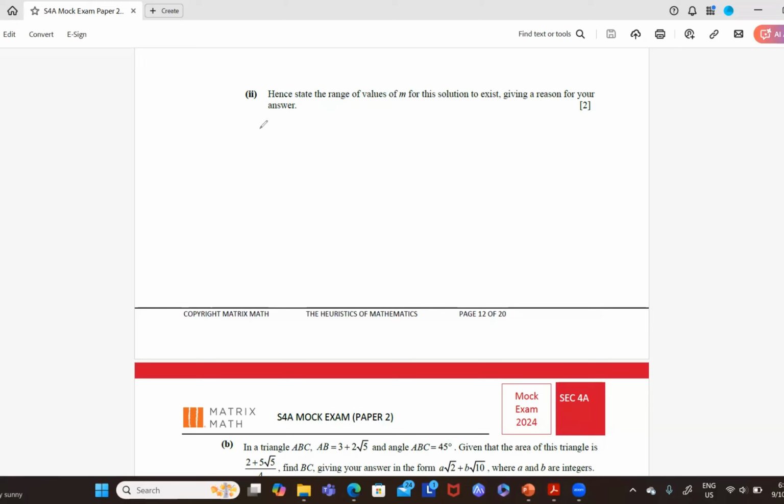For part 2, observe your solution. So one is y equals log 3 over log m. Your other equation is m to the power y equals 1. So log both sides, y log m equals log 1. So y equals log 1 over log m.